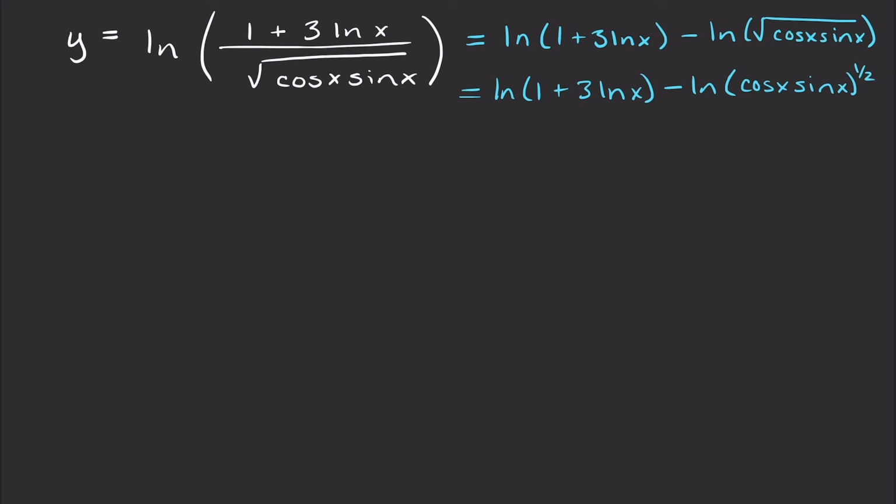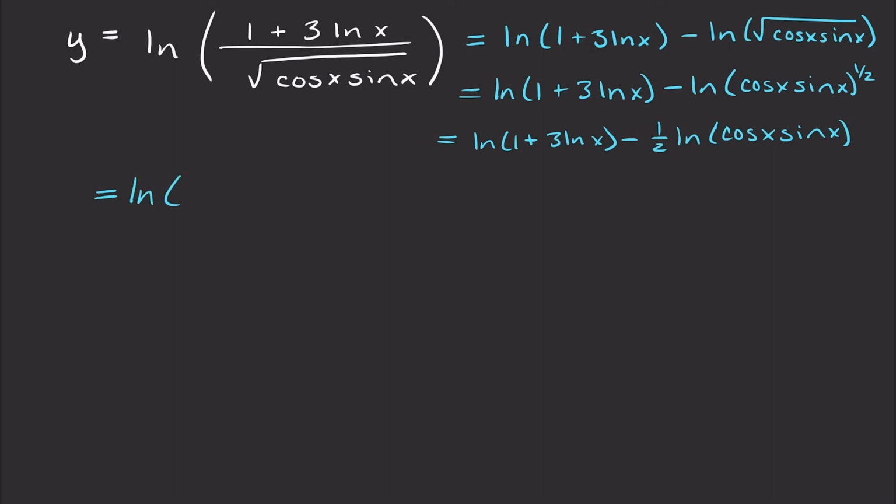And now I can use the properties of logarithms to bring that in front. So this is going to be minus 1/2 the natural log of cosine times sine. But this again, I'm going to rewrite it over here. Now I have the natural log of a product of two things.